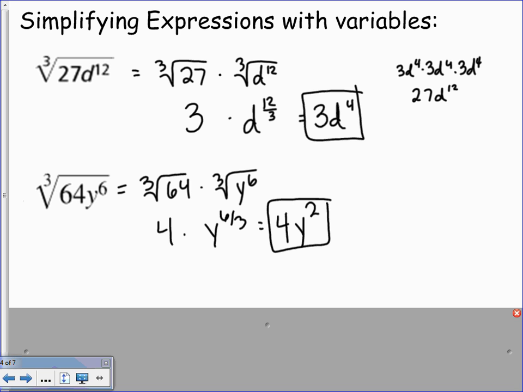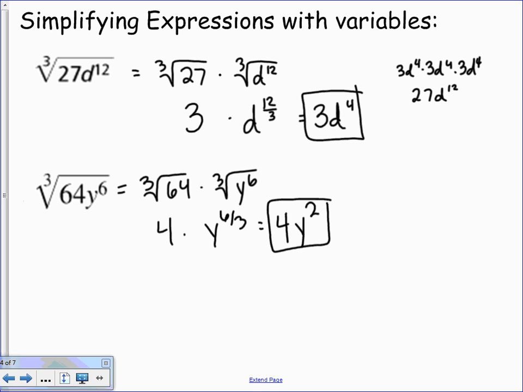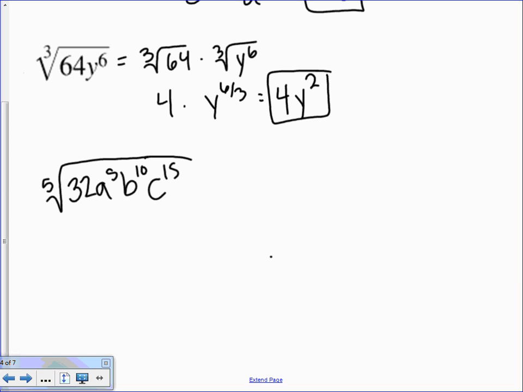Okay, now let me give you an extra one, just for fun. I'll do the 5th root of 32, a to the 5th, b to the 10th, c to the 15th. See if you can get an answer there.